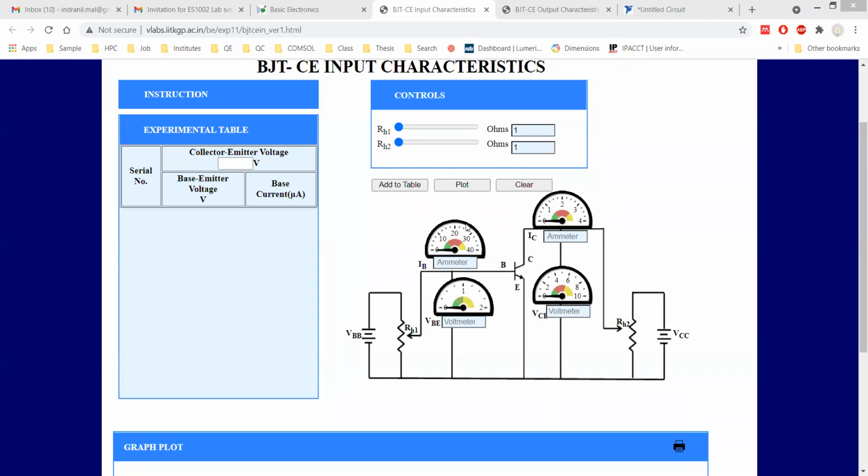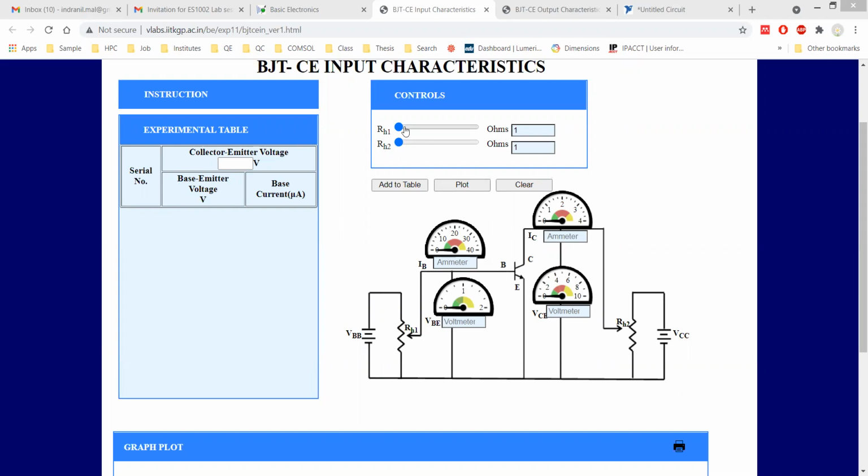What we have to do in this case is vary this rheostat value, RH1. By varying it we are able to change the base current, or you can say we change the VBE, so from there we get the base to emitter voltage and base current.